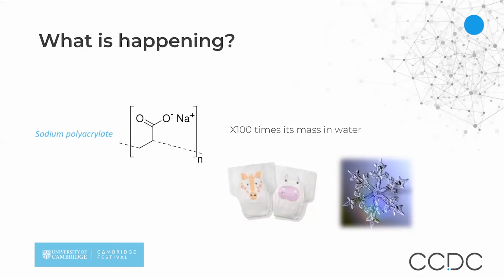Usually, at this point, the mixture forms a gel and soaks up water, which is why it can be found in nappies. However, in our fake snow, we use a different form of sodium polyacrylate that has more links between the chains. And this time, as we add water, the powder still swells up, but instead of making a gel, it forms tighter flakes, and they look more like snow.